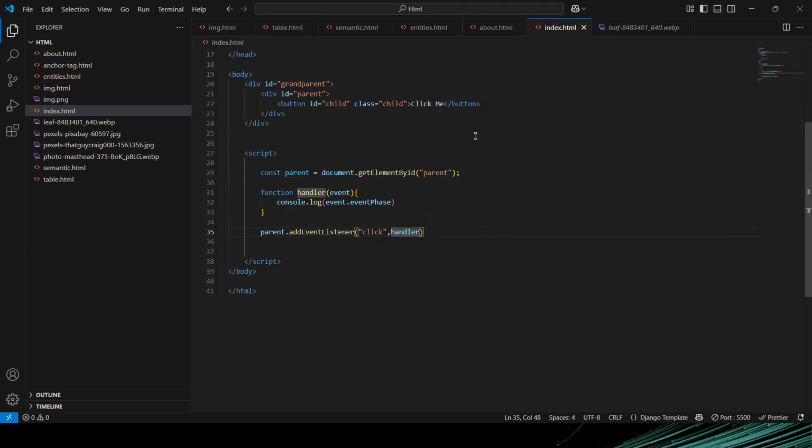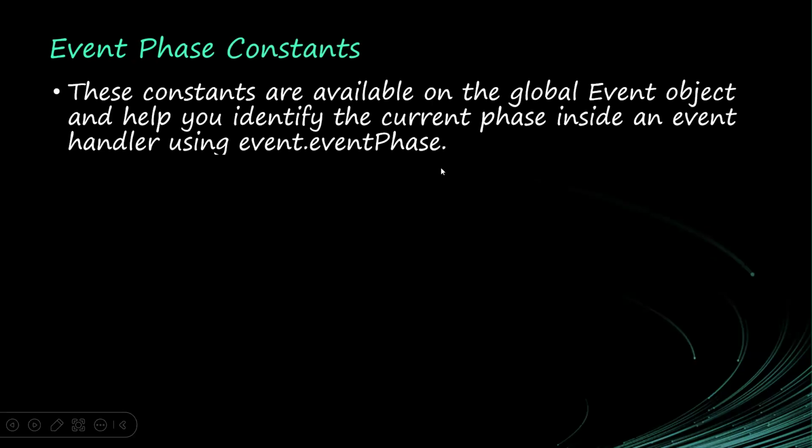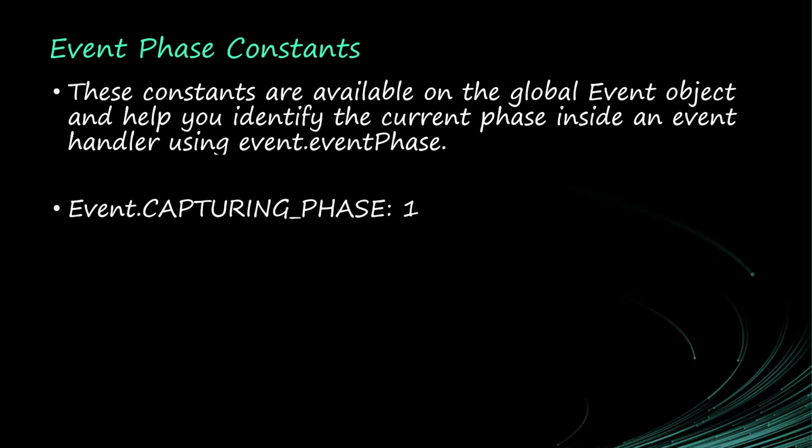So eventPhase 1 is the capturing phase, 2 is the target phase, and 3 is the bubbling phase. There's also something we call the event phase constants. You can use the event object, for example event.CAPTURING_PHASE.